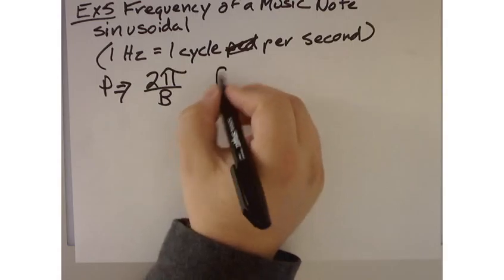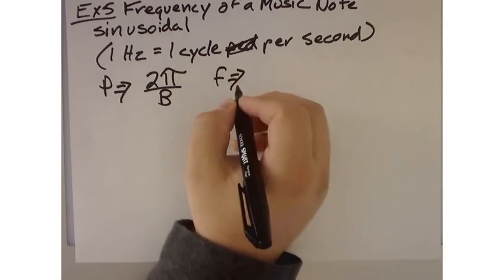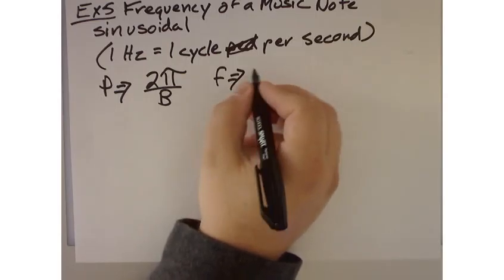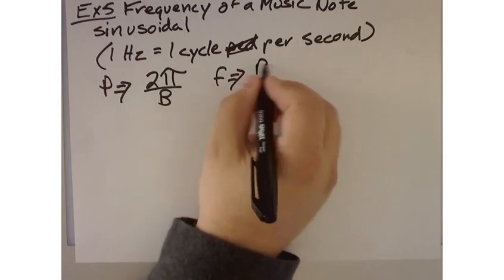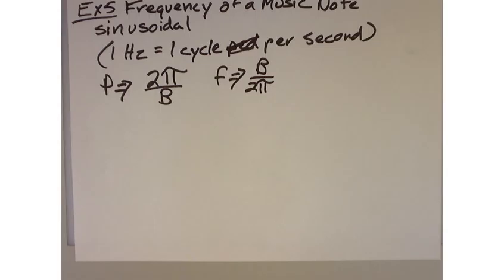What would the frequency be? It's the reciprocal, so it'd just be b over 2 pi, okay? Depending on what you're measuring, frequency and wavelength can sometimes have a scalar in between them, but they're generally reciprocals of one another.